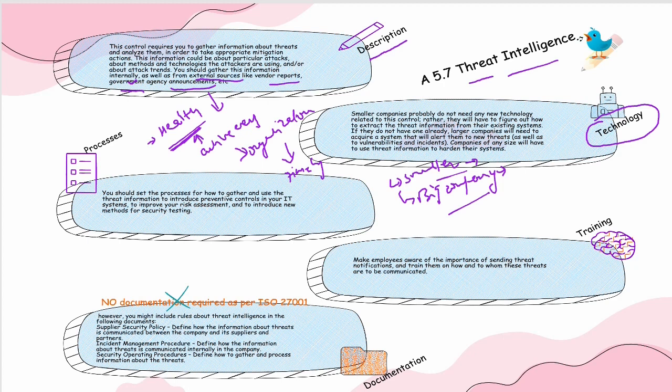Smaller companies probably do not need any new technology related to this control. Rather, they will have to figure out how to extract the threat information from their existing systems, if they do not have one already.